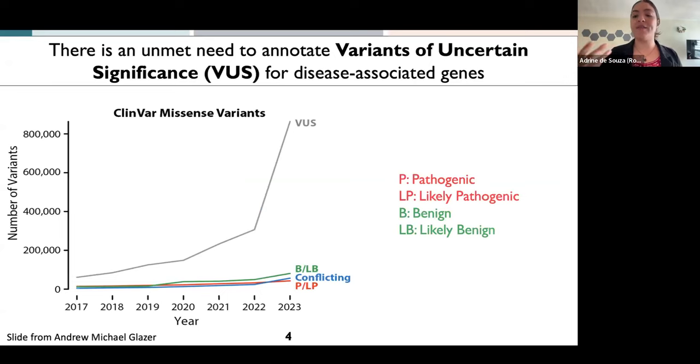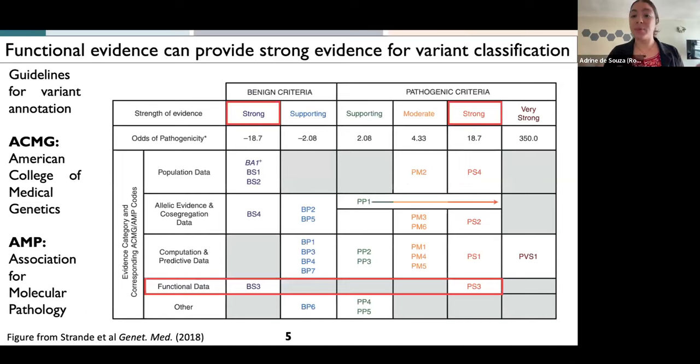So instead of having a label of pathogenic or benign, most of the variants today have no evidence for their function. And this is a problem because without this type of evidence, patients cannot benefit from a definitive diagnosis, from cascade screening or other interventions. There are different levels of evidence that could provide variant classification.